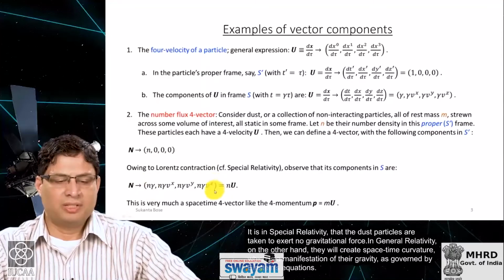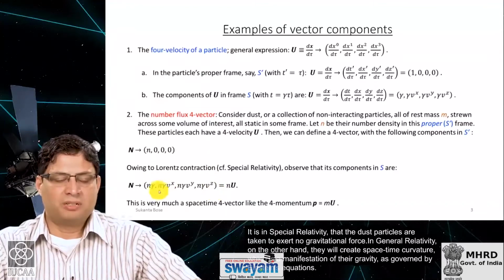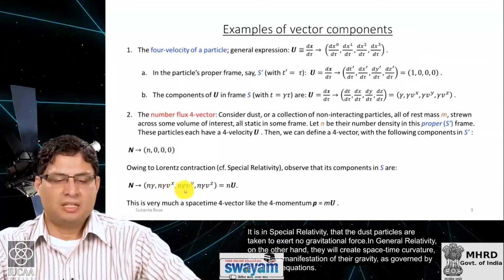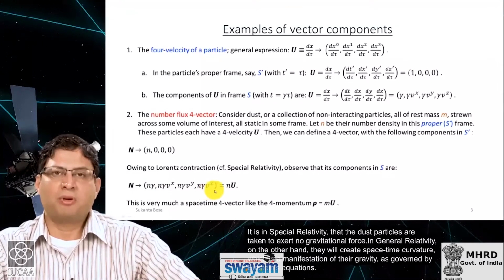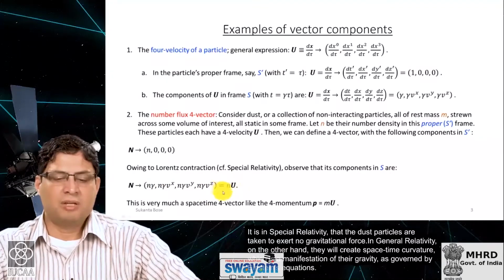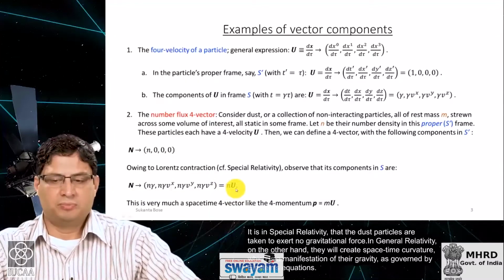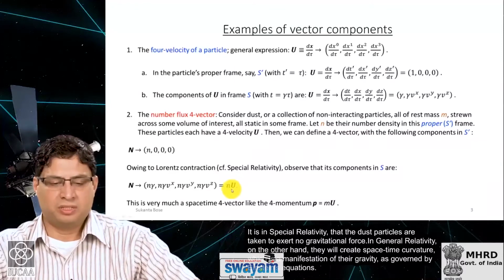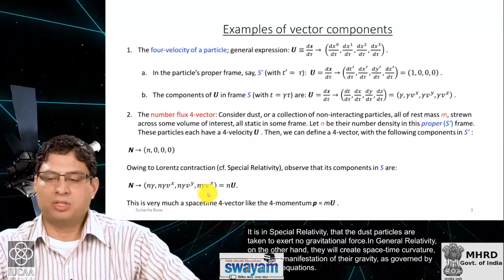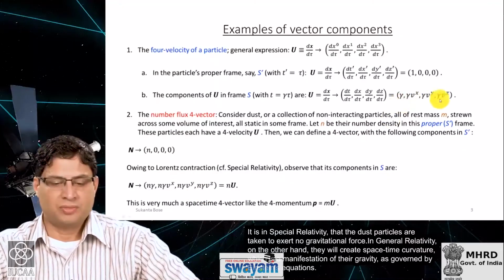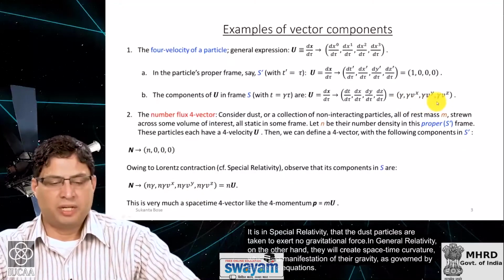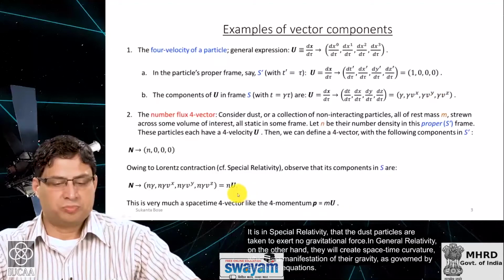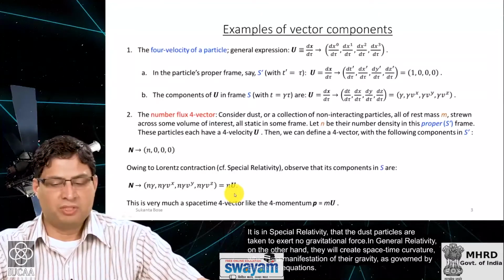So, you will notice that this vector therefore can be just re-expressed as the number density in the proper frame, small n, times the 4 velocity vector u. You can establish that by comparing this expression for the components with this expression for the components of the 4 velocity vector.